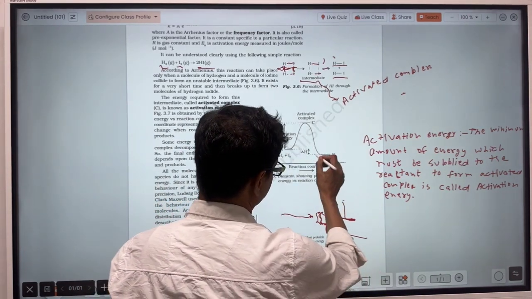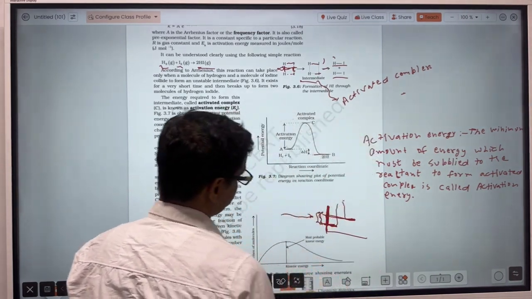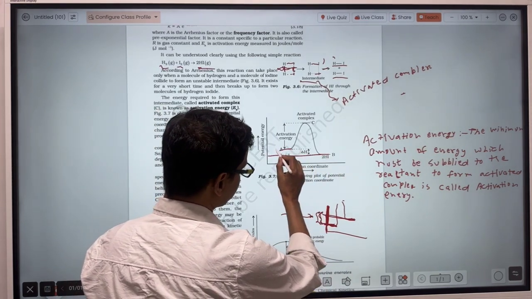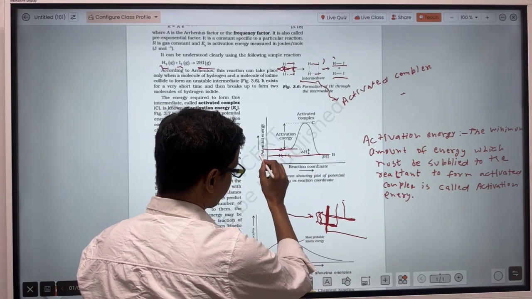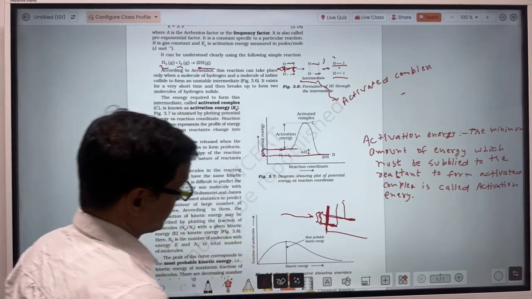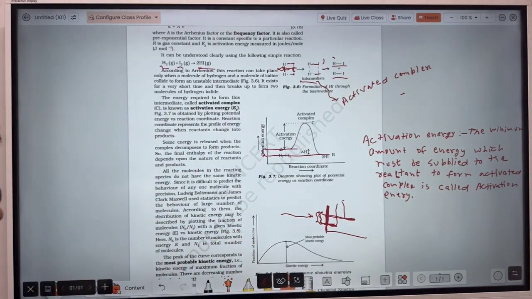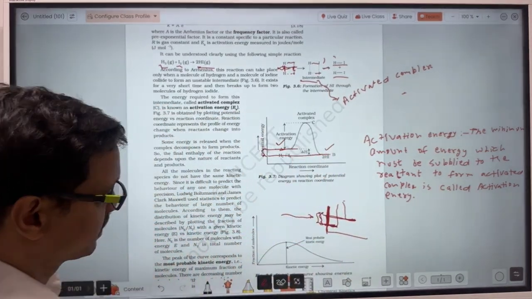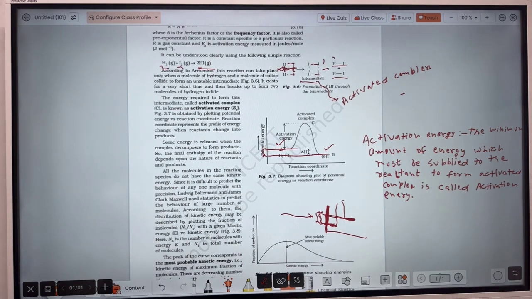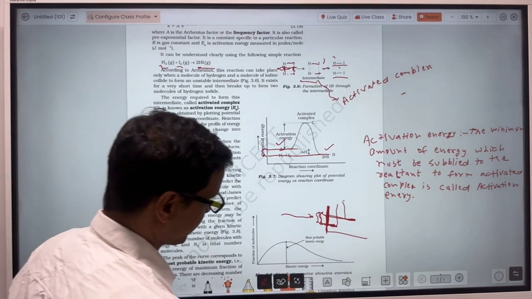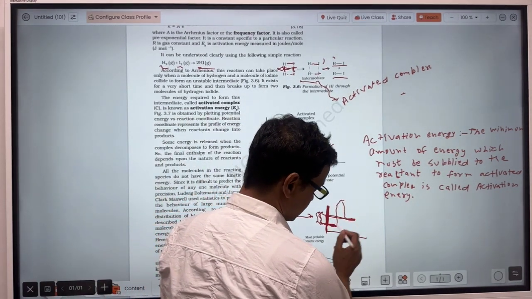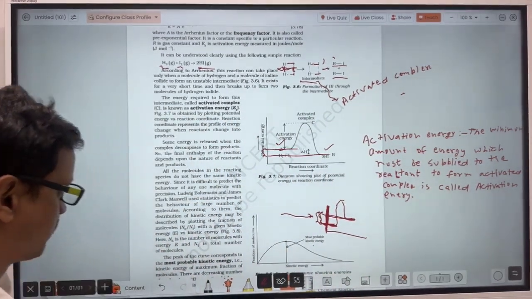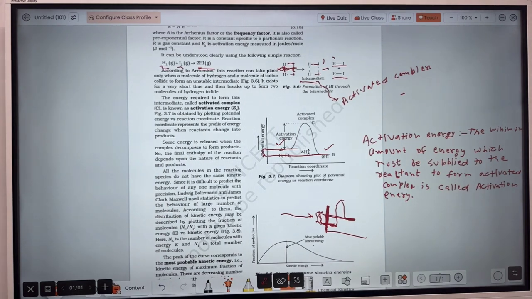While when the energy of product is less than that of reactant, the difference of this energy will be released during the reaction. So when the energy of product is lower than the energy of reactant, the reaction will be exothermic. While when the energy of product is higher than that of reactant, the reaction will be endothermic.